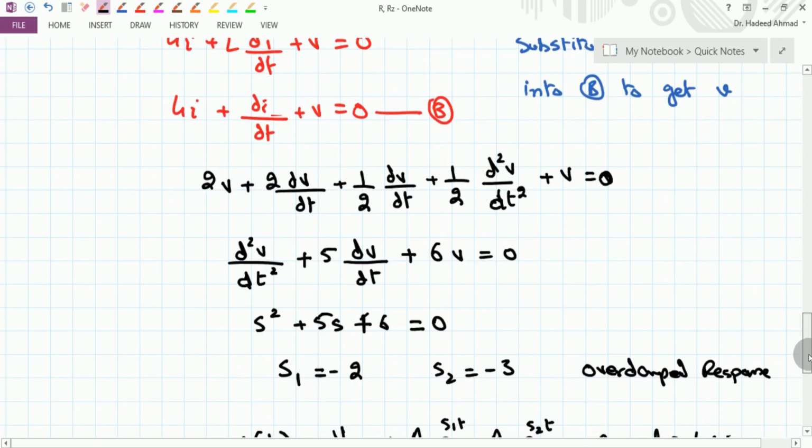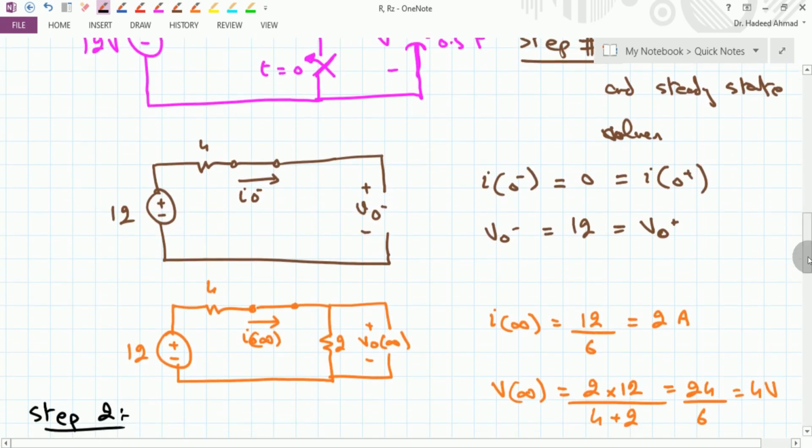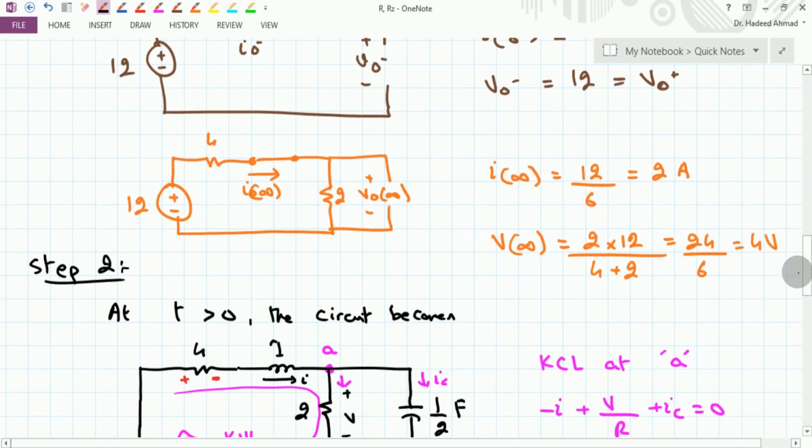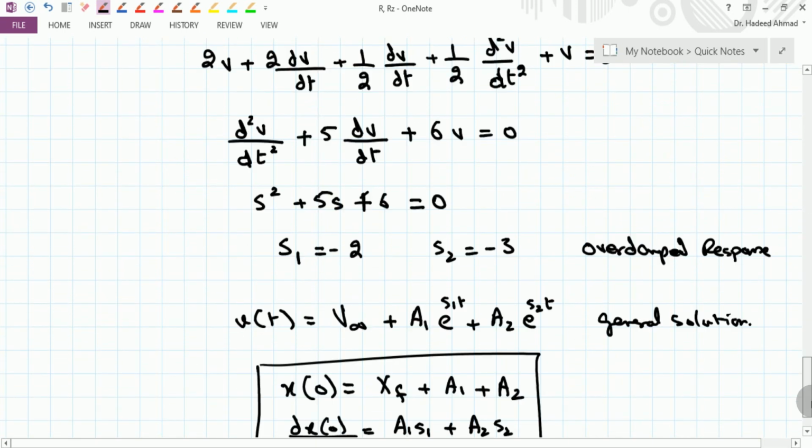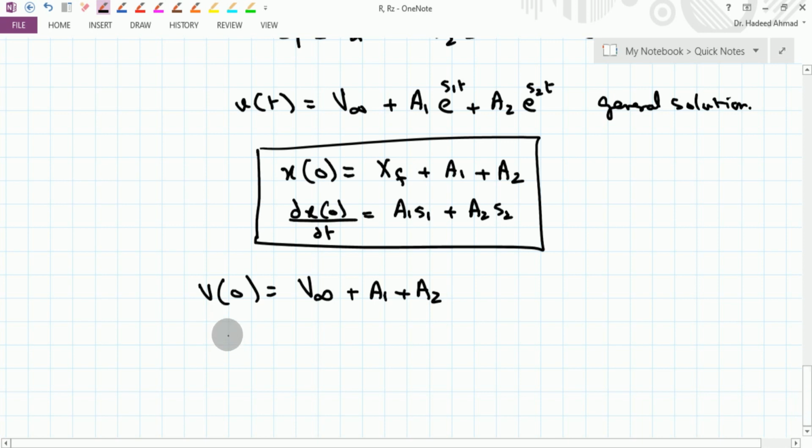In the first step, we know that this V naught is equal to 12 volt, whereas the final value is equal to 4 volt. So this becomes 12 is equal to 4 plus A1 plus A2, and this gives me A1 plus A2 equals to 8.